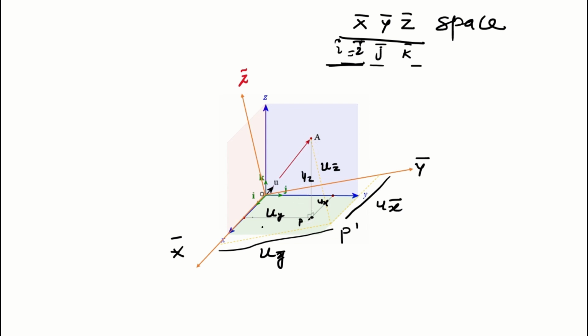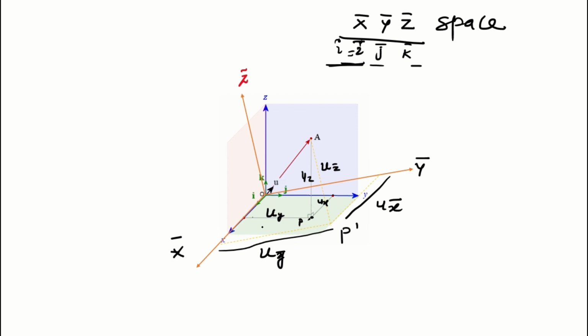So you can easily see that uz and uz bar differ, meaning the component changed, right? In the same way, in the old coordinate system we had the component along the y-axis of this much length, but now it has changed. Ux in the old coordinate system is this much, but ux bar is this much.